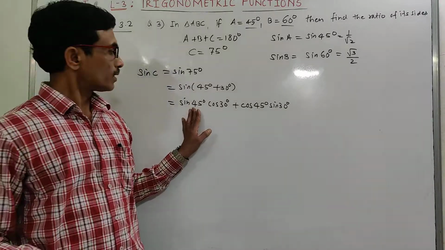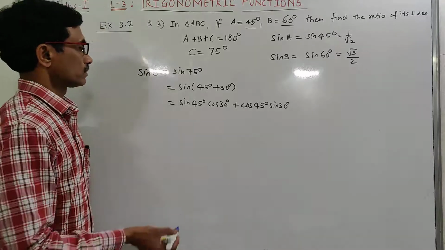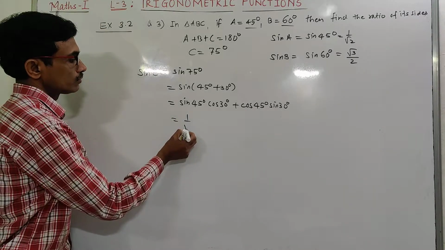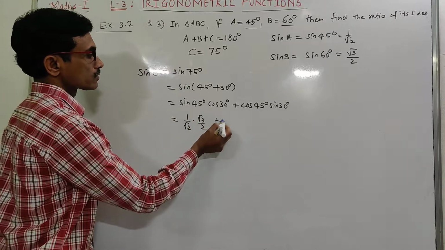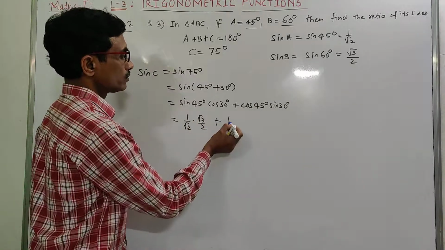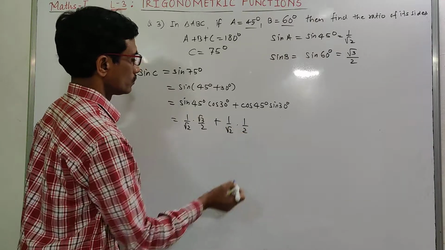This is 1 by root 2, this is root 3 by 2, plus 1 by root 2, and this is 1 by 2.